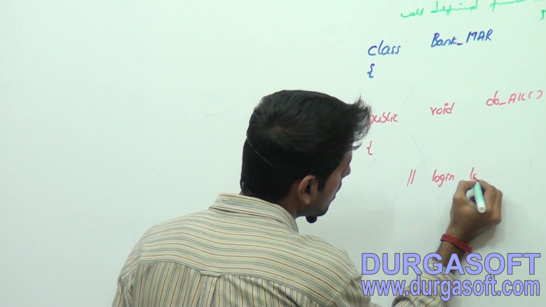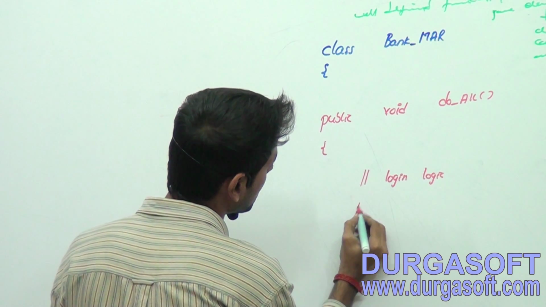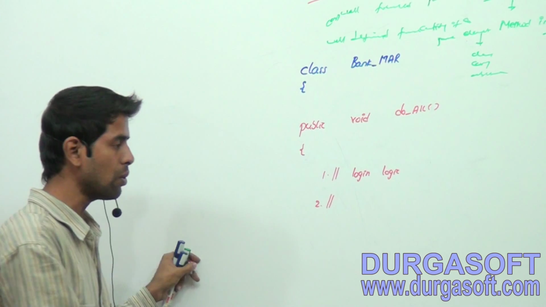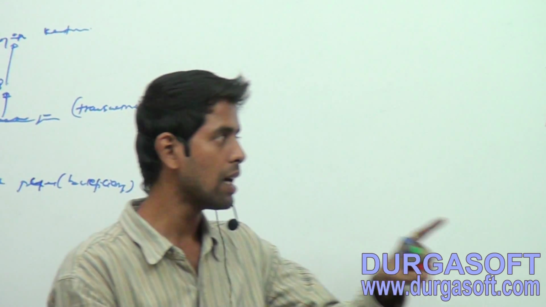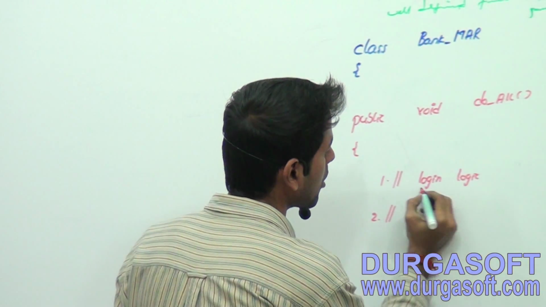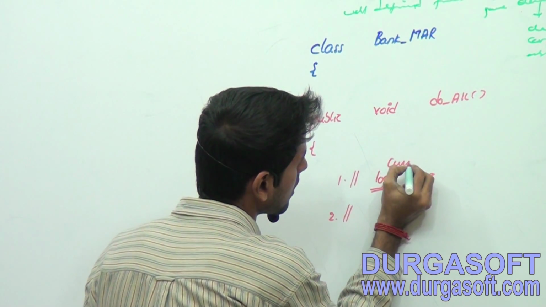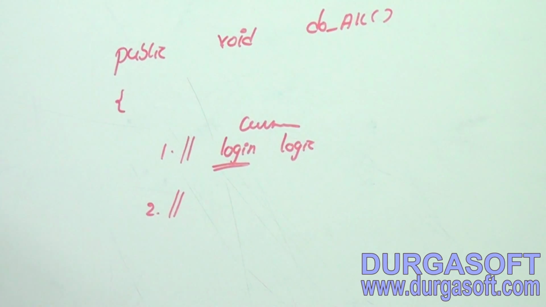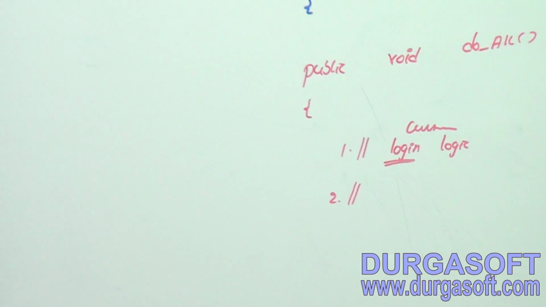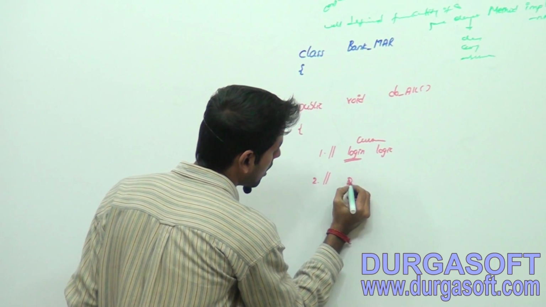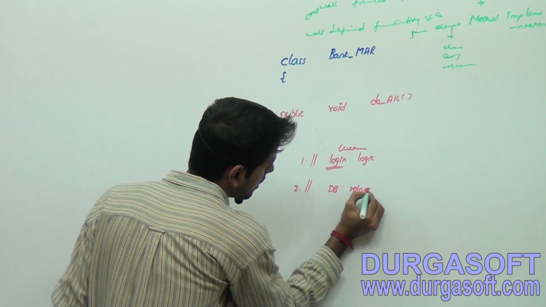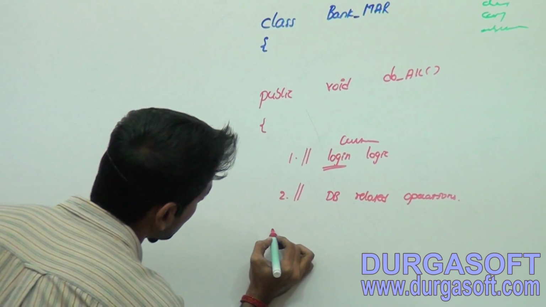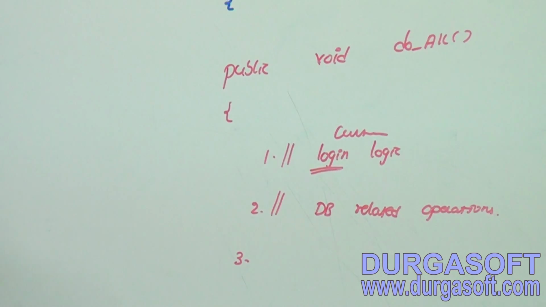To perform this, I want to access the data which is related to a particular customer. That is the customer login logic. Later I want to perform database related operations.